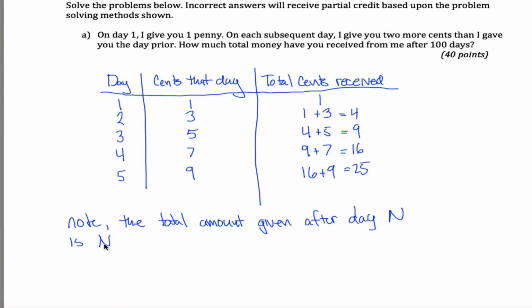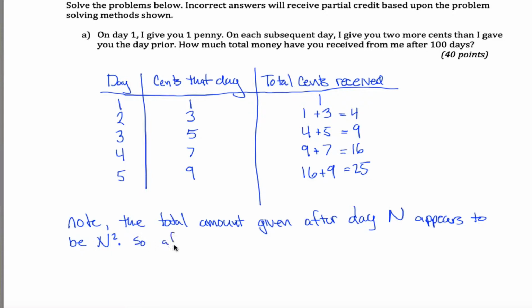Maybe instead of is, I should even say appears to be. It is n squared. I can prove that to you, but for the sake of our class, what we decided is that when we're looking for a pattern, we'll just say something like that. It appears to be n squared.